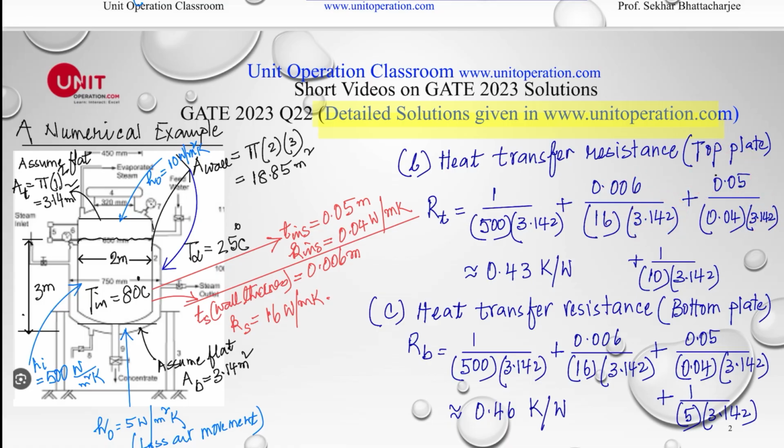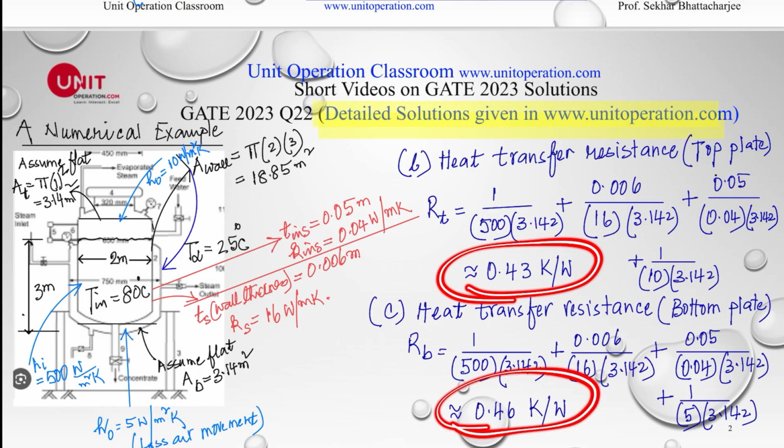Just the area changes, so 0.43 kilowatt. And similarly the heat transfer from the bottom plate, these things remain the same, except only this one right here, because here we are assuming the outside air heat transfer coefficient is slightly lower than from the top, because this is kind of cramped here. So this 0.43, 0.46.